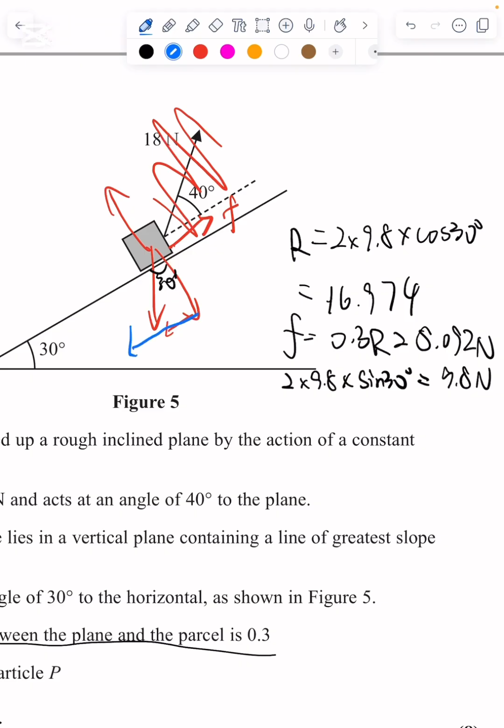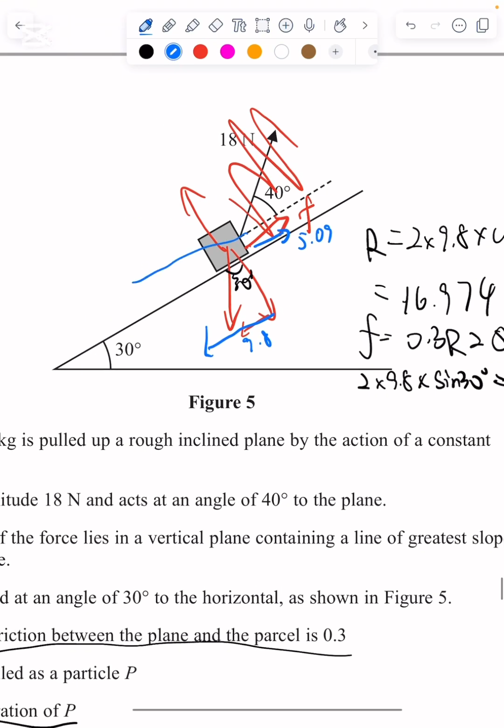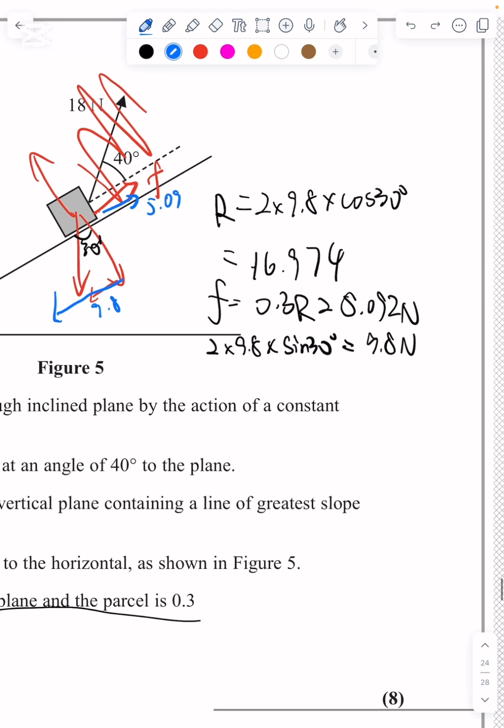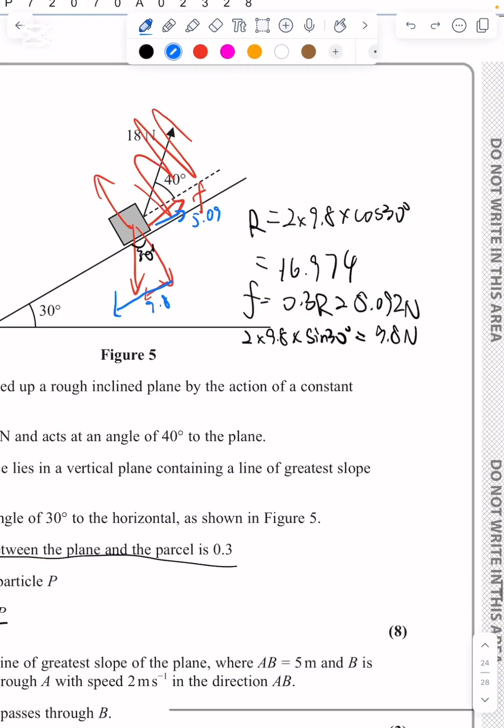Since this is 9.8 and this is 5.09, this arrow is clearly bigger than this arrow, right? So that means the net force is pointing downwards. So there's a force here, meaning there will be an acceleration. That means it will definitely move down.